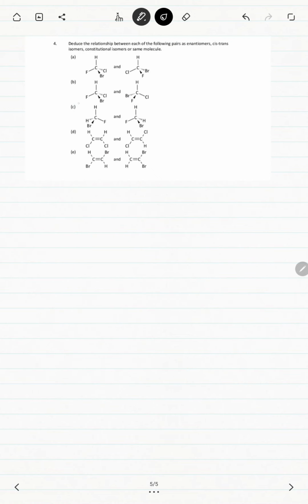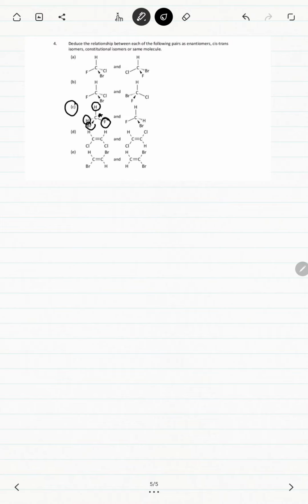Okay, so what happened to the structure for equation C? So for equation C here, we trace what the similarities of them are. First, we can check directly. This compound, is it a chiral carbon? So, hydrogen, hydrogen, hydrogen, bromine and fluorine.